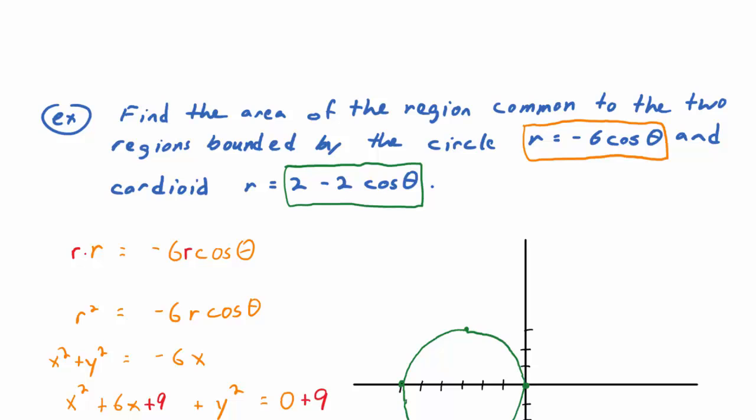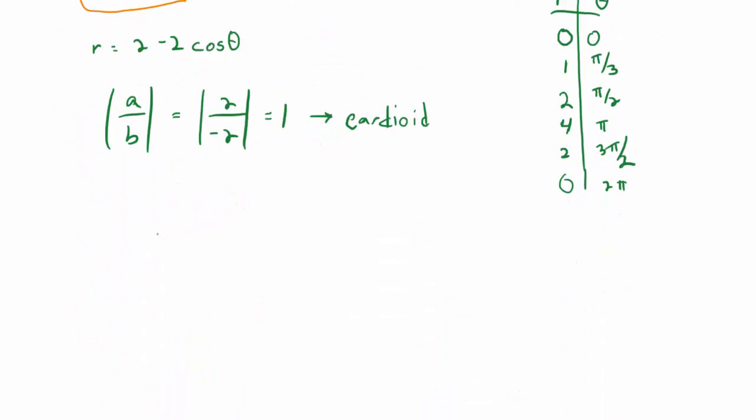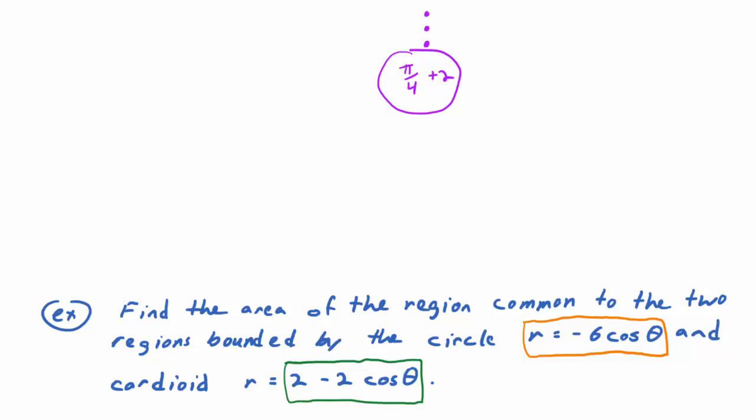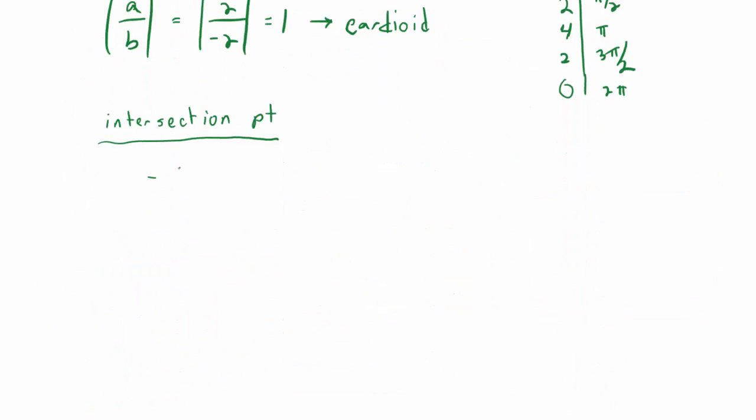So negative 6 cosine theta equals 2 minus 2 cosine theta.